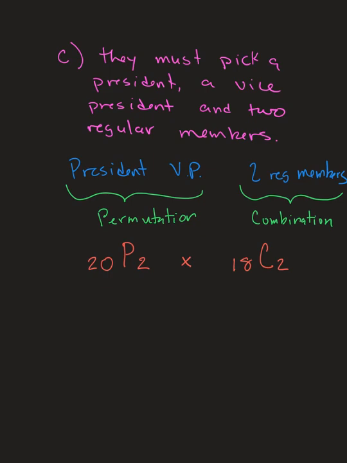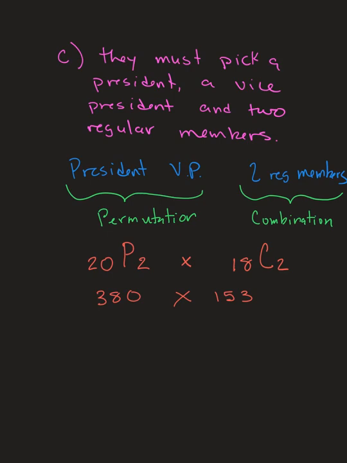So 20P2 is 380 times 18C2. Remember, it's 18 because there's 18 people left. And that is 153.